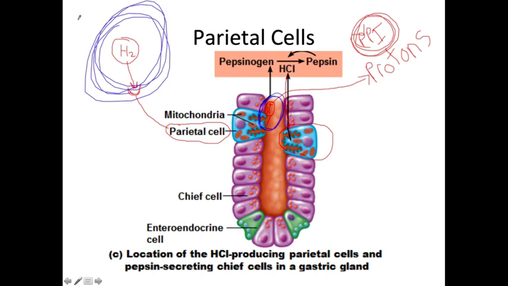So whether we're blocking the H2 or blocking the protons, the end result is going to be increasing pH, which is potential of hydrogen.